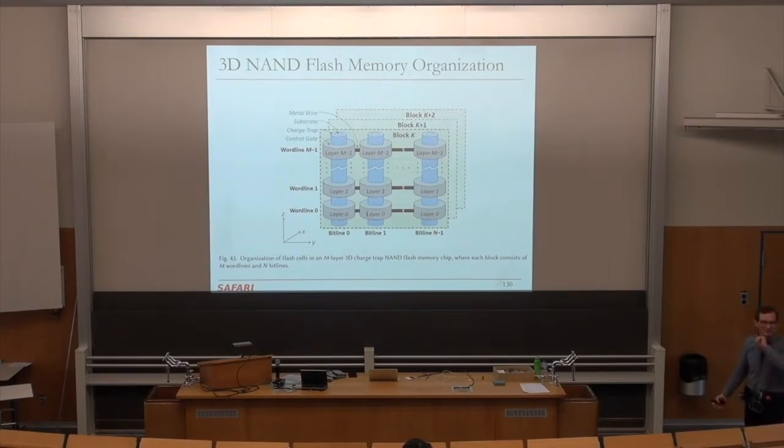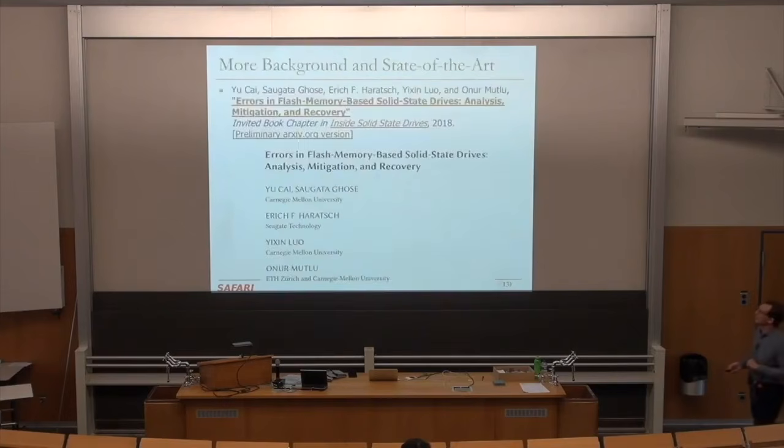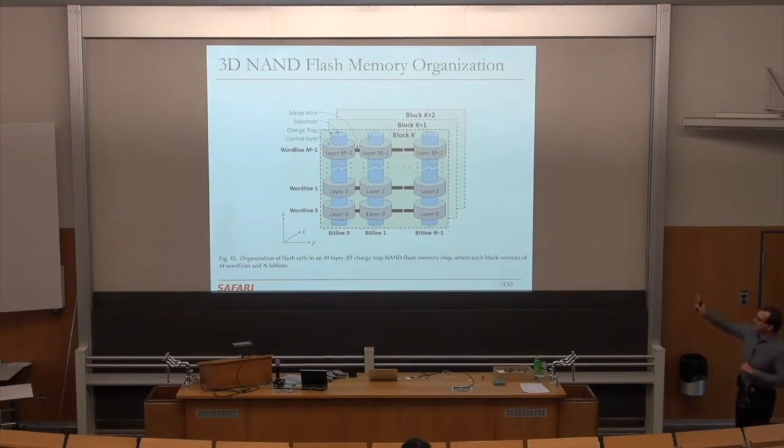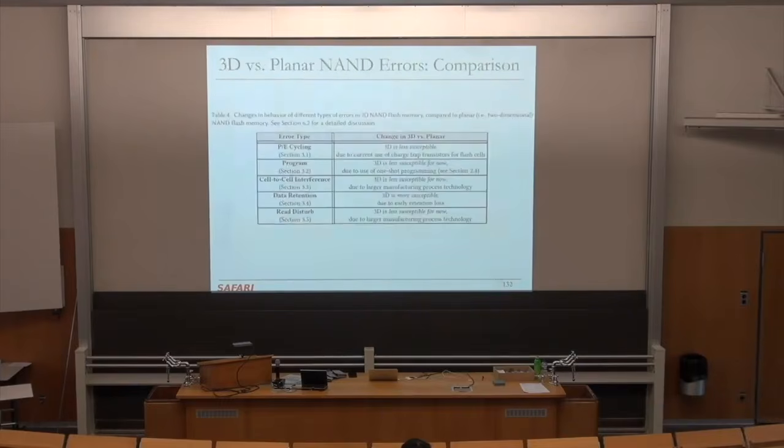Does that make sense? And you have another block over here, another block over here that is completely separate. Good? Okay. Is there anything else that I want to say over here? I guess not. And then you, of course, have the sense amplifiers and everything else that is not drawn here. There's more detail over here, but you can read this paper for some more detail.